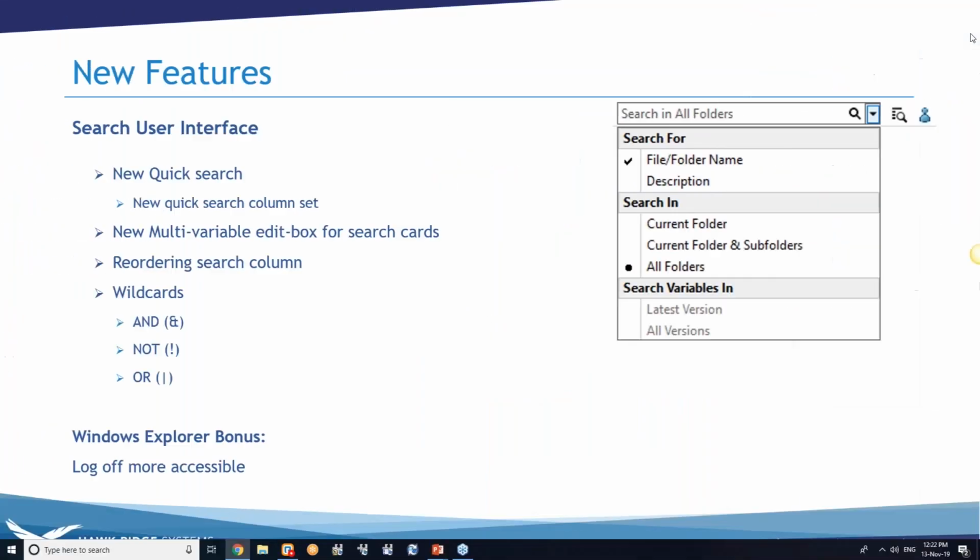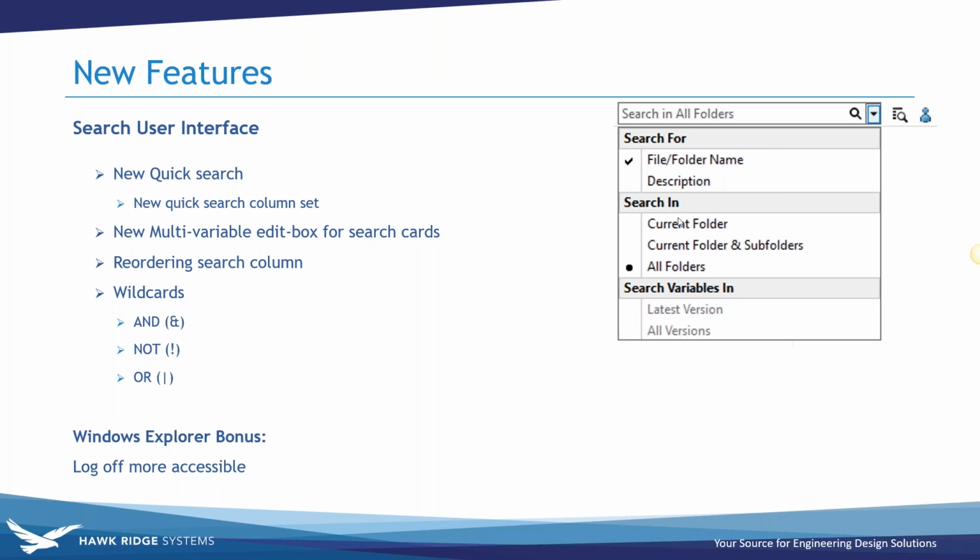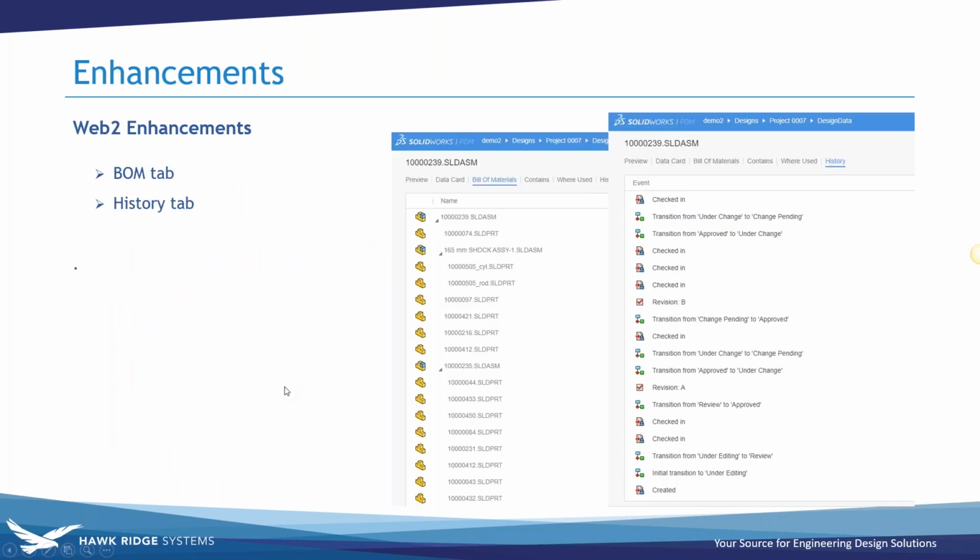Awesome. So what do we have next? Next is our Web 2 enhancement. You know, Web 2 has seen a lot of enhancement in the last couple of years. Last year, the UI was completely redesigned, and this year they just added more functionality.